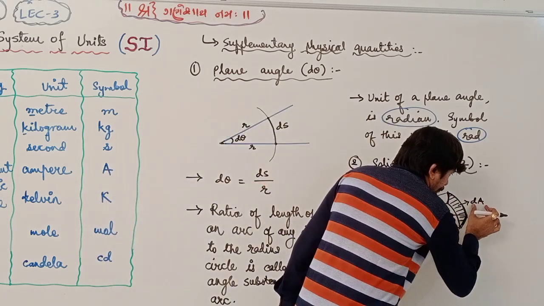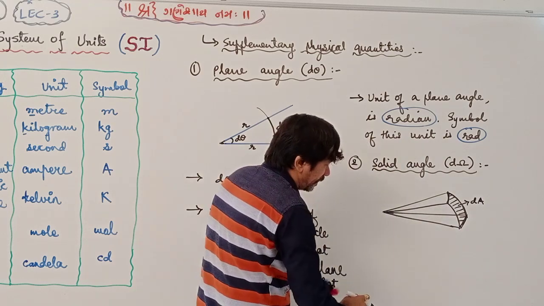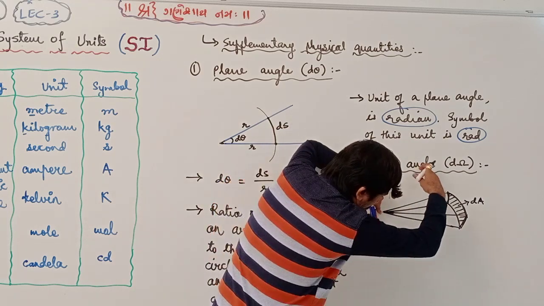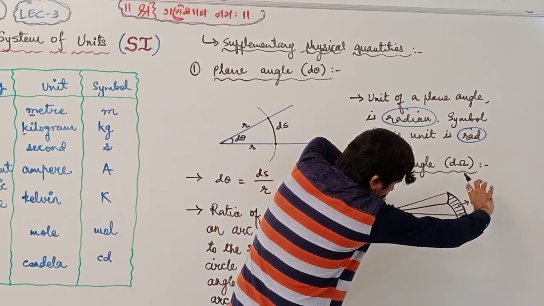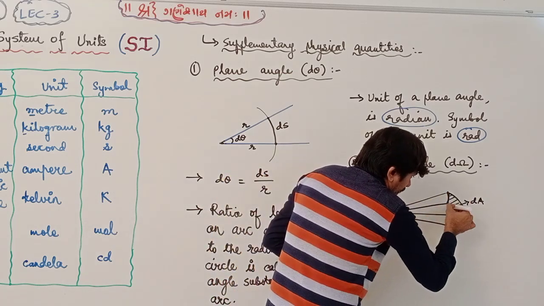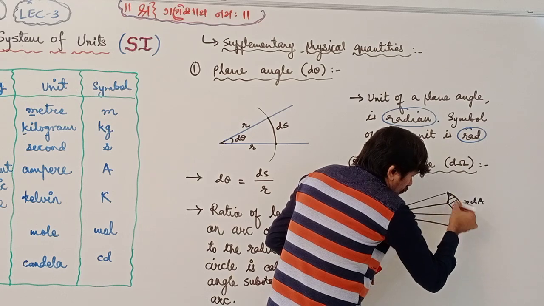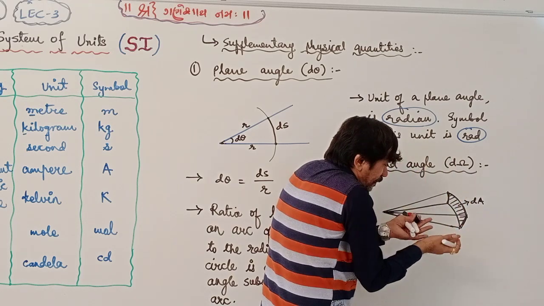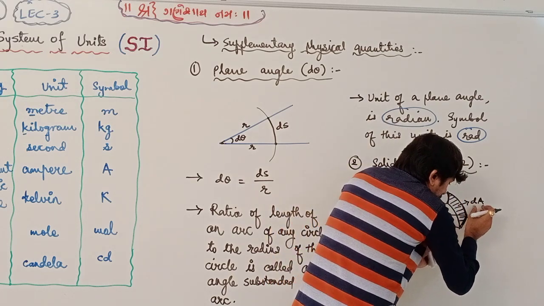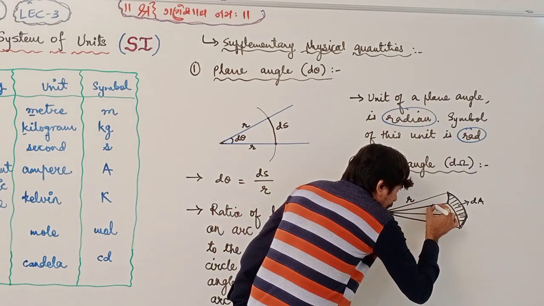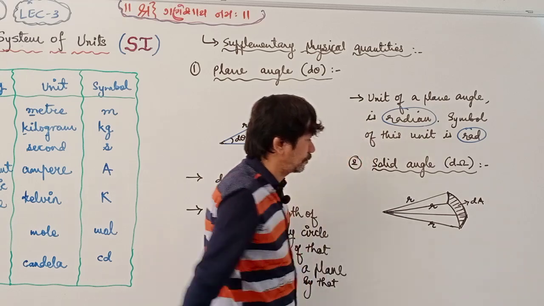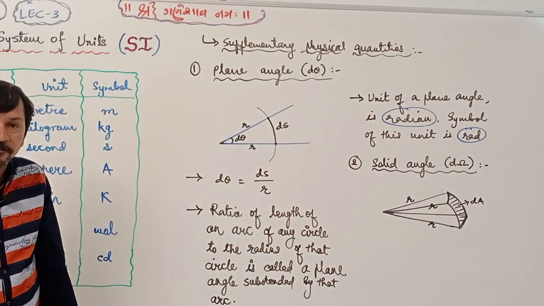Here it is area, part of total spherical area. Here is the center, and a small portion of a sphere has been cut. So this small part of the total spherical surface is denoted by dA, and all these lines are nothing but radius of the sphere.